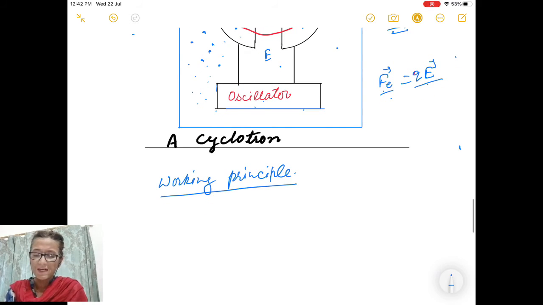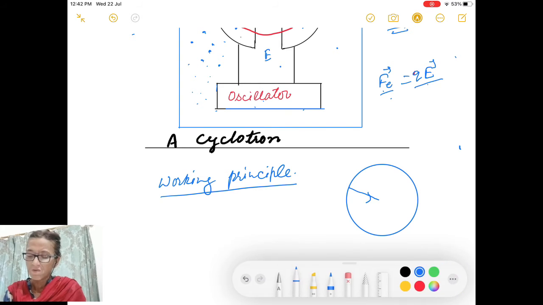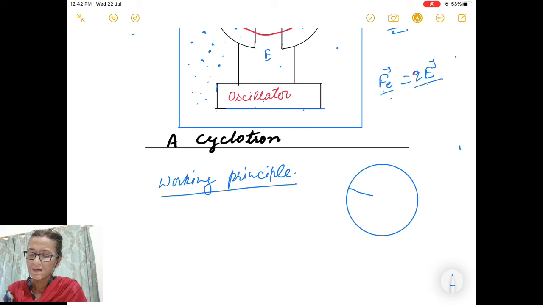So we know that in a magnetic field, the charge executes a circular path, and the force is acting towards the center, and the velocity of the charge is in the tangent direction. This is also a kind of centripetal force.